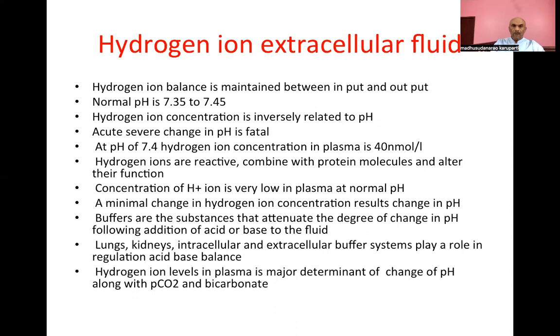But an acute severe change in pH is fatal, which is a result of gross changes in the hydrogen ion concentration. At a pH of 7.4, the hydrogen ion concentration in the plasma is around 40 nanomoles per liter.